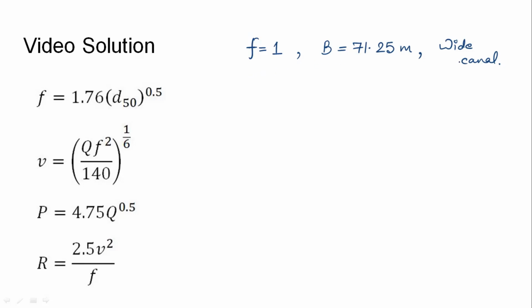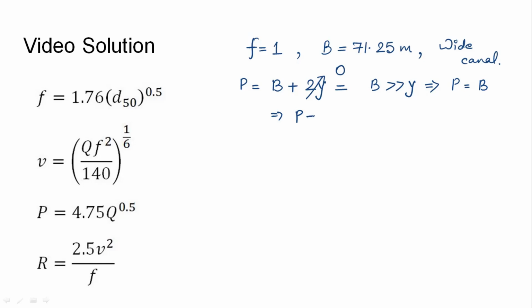Since it is a wide canal, the perimeter will be B plus 2 times the depth of flow, and for a wide canal B is much greater than Y, so we can neglect Y for the calculation of the wetted perimeter, and this essentially becomes P equals B.